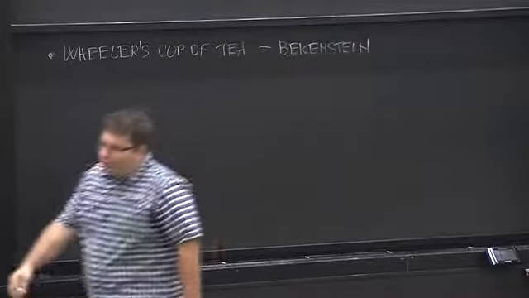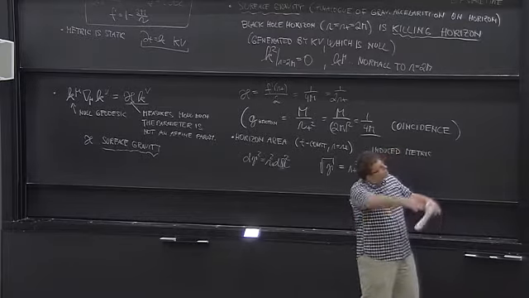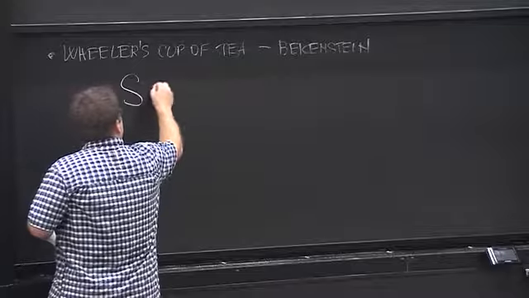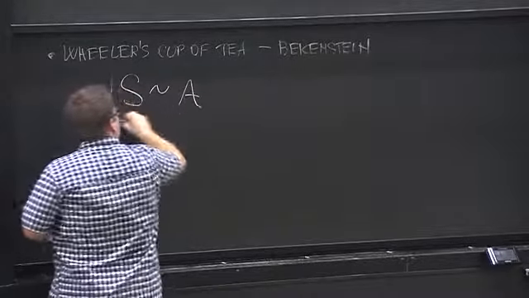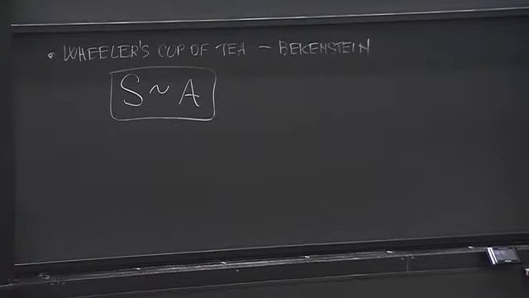Bekenstein came up with a thought experiment with the cup of tea, and he concluded that the entropy of the black hole has to be proportional to the area. Based on analyzing this cup of tea, he came up with this answer.